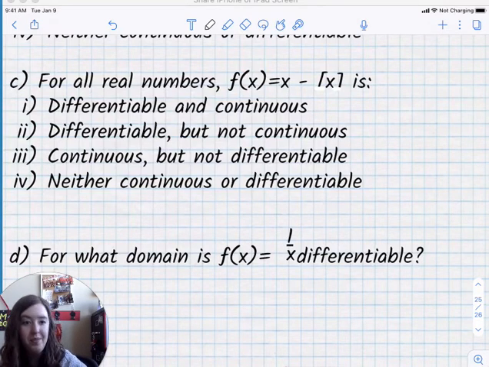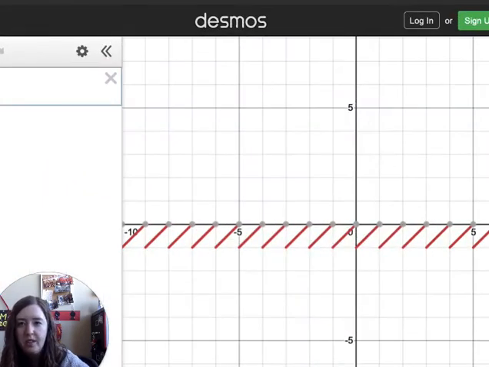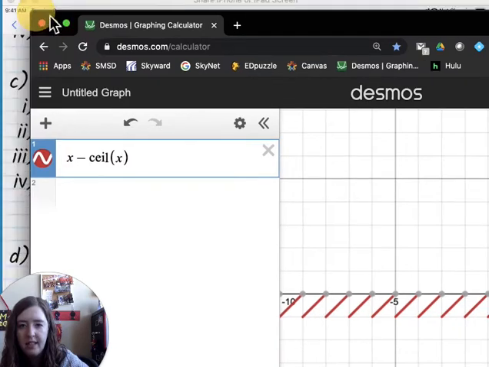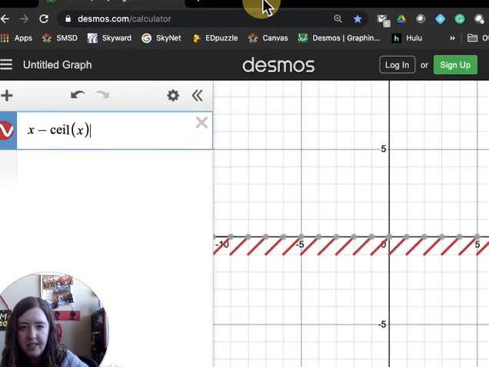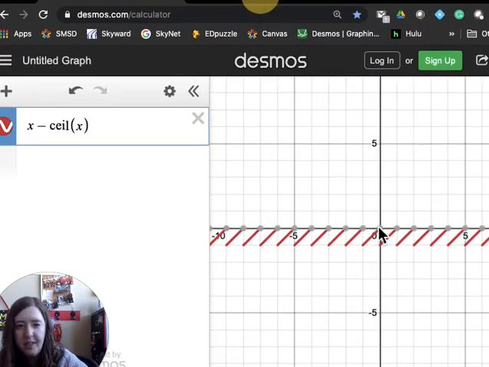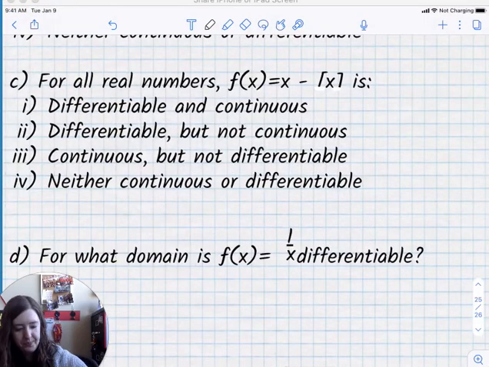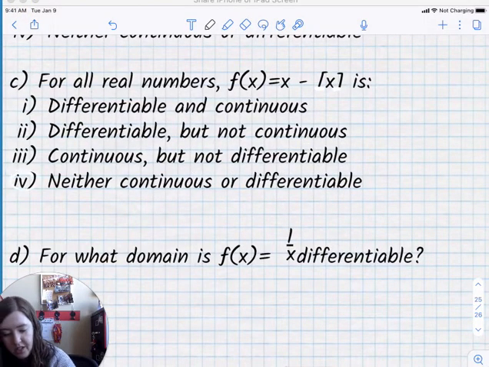You'd be right. But also, it might be helpful to look at a graph. So when we graph 1 minus the ceiling of x, we can see here we just keep getting a bunch of little line segments. So we can see that that is not continuous at all. So since we're not continuous along that function, that means we're also not going to be differentiable. So it is neither continuous nor differentiable.